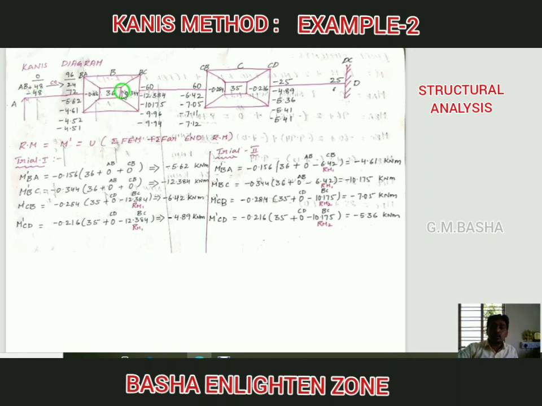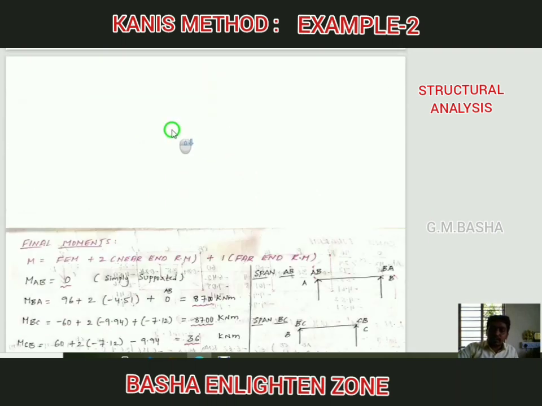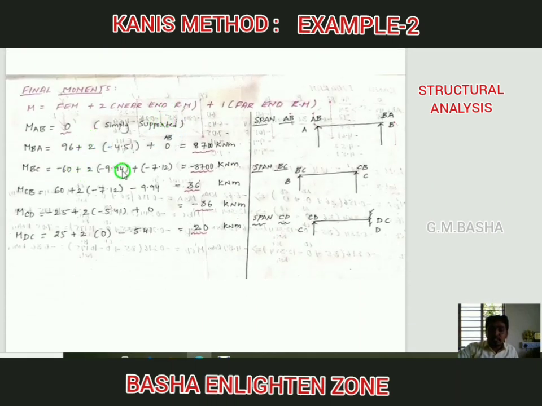So first of all, divide the spans individually and then calculate. Please remember the formula for calculating the BC final moment: fixed moment plus 2 into its near end rotation moment plus its far end rotation moment. Fixed moment is minus 60 plus 2 into minus 9.94 plus the far end rotation moment minus 7.12.